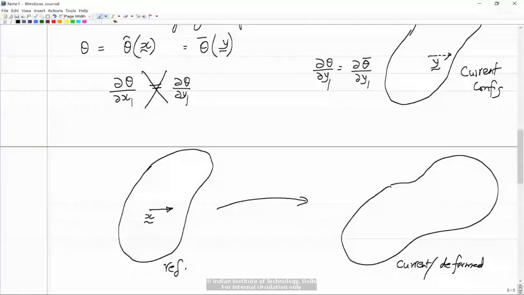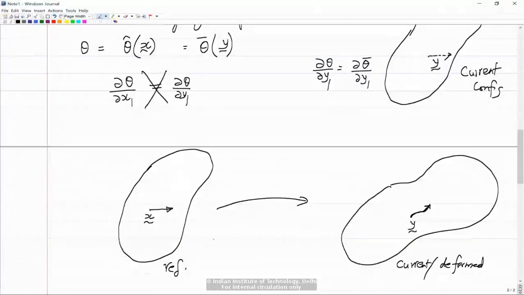How will that same line look in the current configuration? Because of the deformation, that line may have become curved. First of all, it starts at y, not at x, and it may be moving like this. That could be the image of this line in the reference configuration.